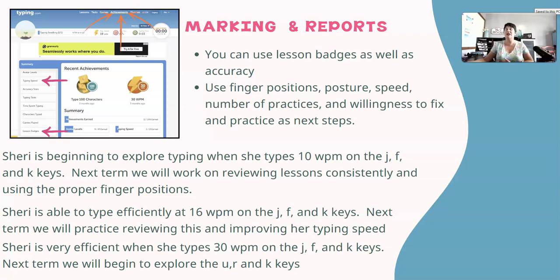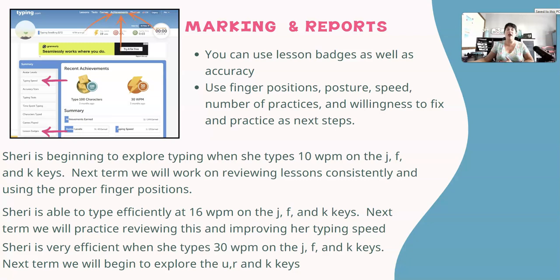So that would be somebody for a level 1, maybe at the end of grade 4. Now, of course, if they're still on J, F, and K and we're in grade 8 at the end of the year, then that's going to be a really low mark for that student. So keep in mind that the expectations and the report comments I've put here will vary.